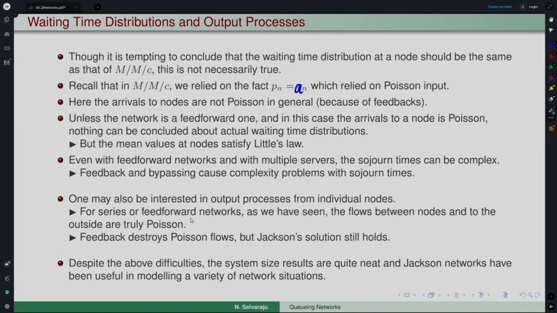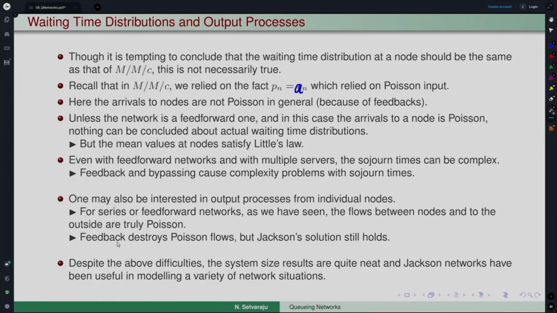So the characterization of the departure process, which might also be of interest in some situations, is again complex because of feedback. For waiting time, the culprit is feedback and bypassing, but in the output process it is really the feedback that is causing trouble. Otherwise, one can characterize how the departure process happens.